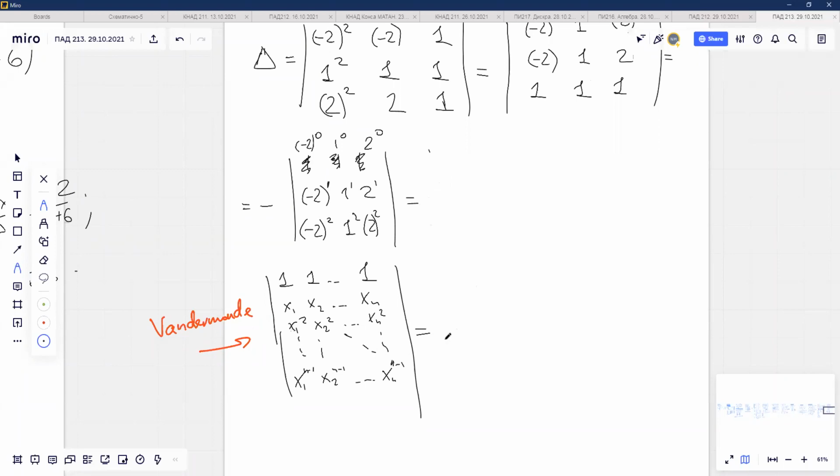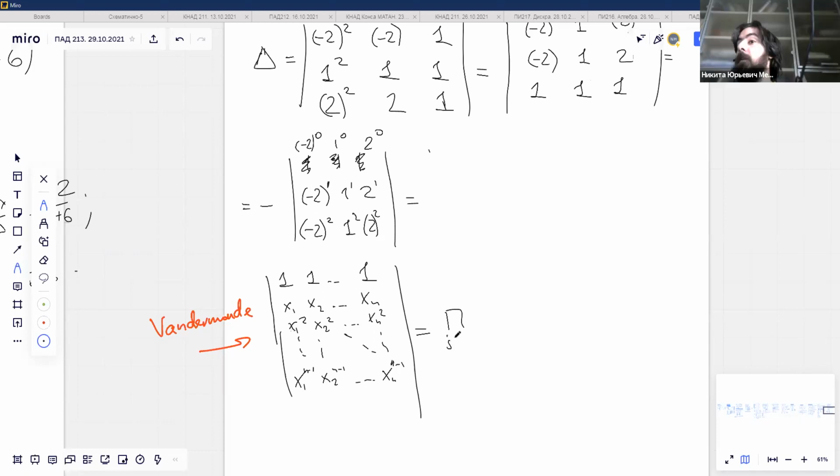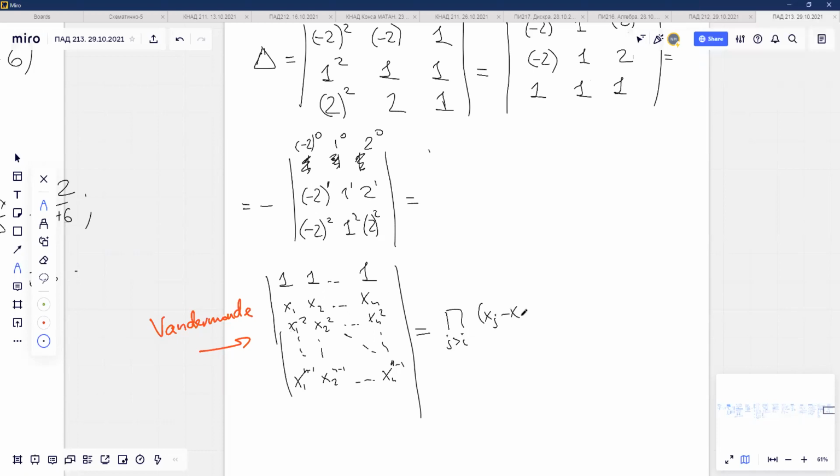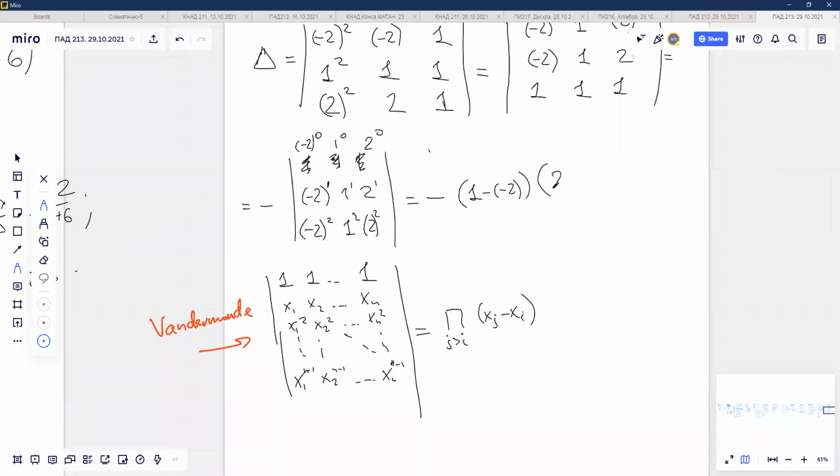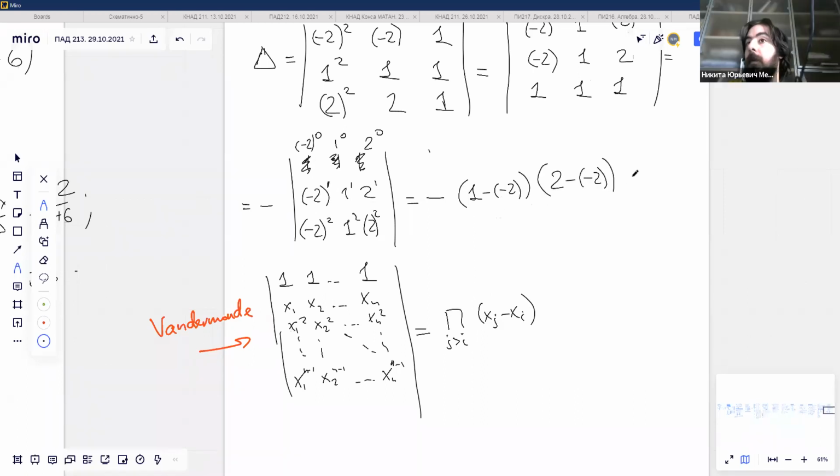It will be x2 minus x1 as the first bracket, multiplied by x3 minus x1, and so on. There is a compact way of writing this down: the product of all possible pairs like this. So here I have 1 minus -2, 2 minus -2, and 2 minus 1.